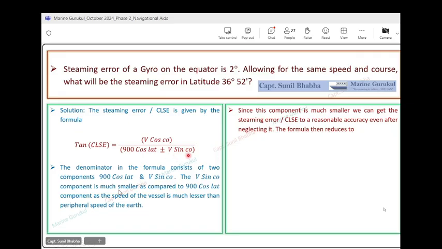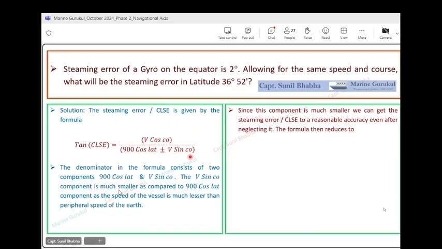So we can get the steaming error or CLSE to a reasonable accuracy even after neglecting the second component.